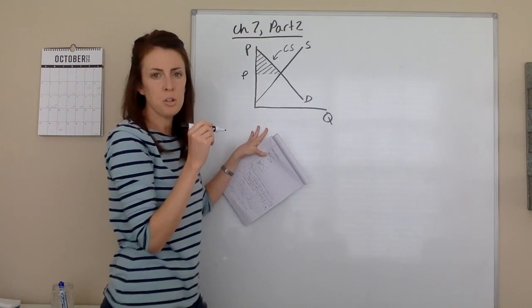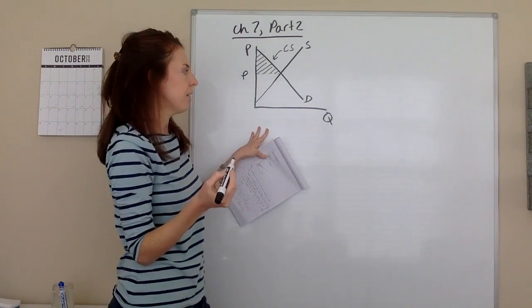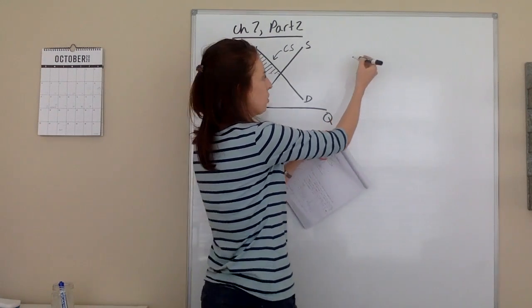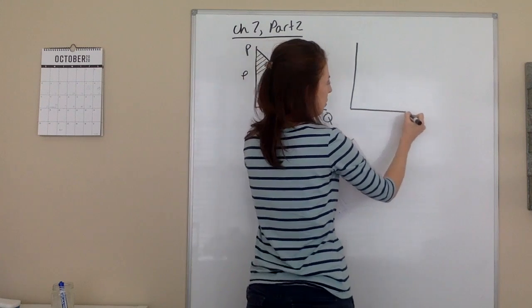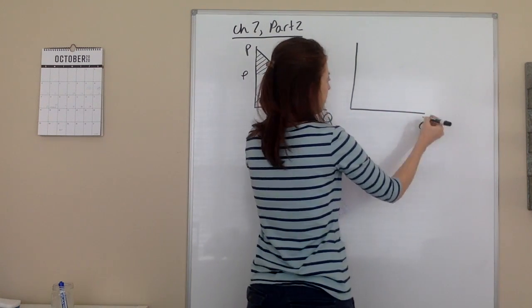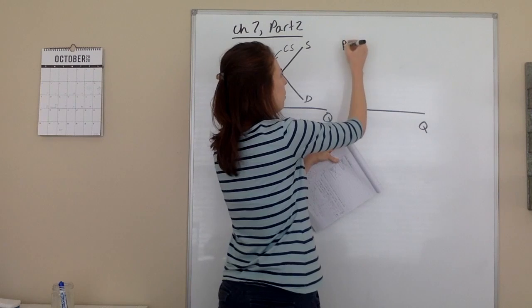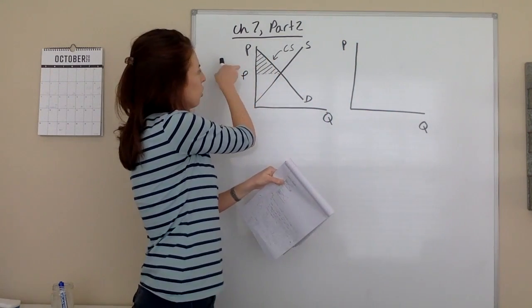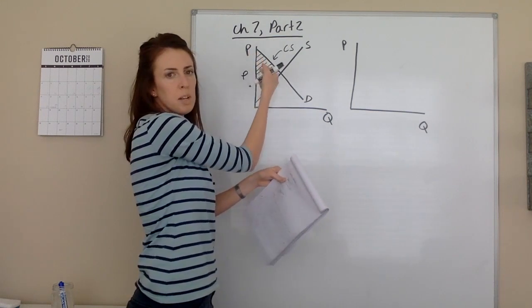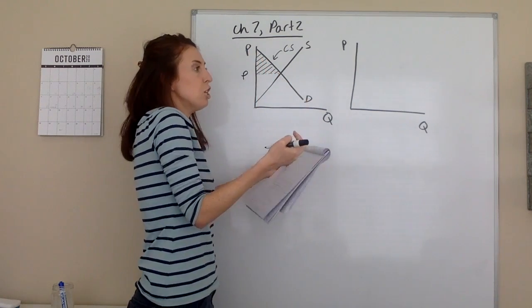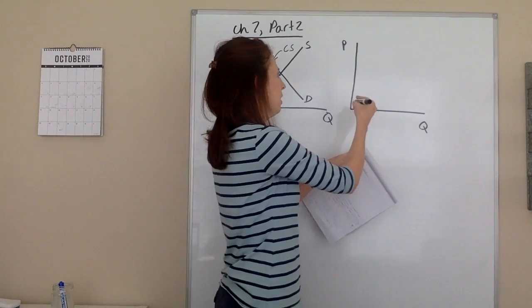Today we're going to do producer surplus. It's very similar in terms of intuition, so I'm going to show you first what it looks like, and then I'm going to explain it to you. If this is how much surplus consumers get from participating in a market, then how much surplus or goodness do producers get out of participating?